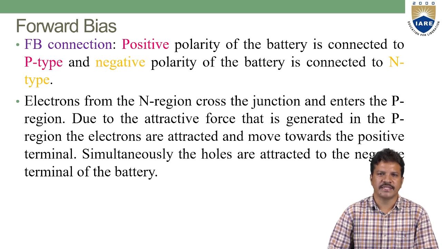So simply we can say that in a forward bias connection, majority charge carriers move away from the terminal of the battery and cross the junction, and minority charge carriers are attracted towards the battery.